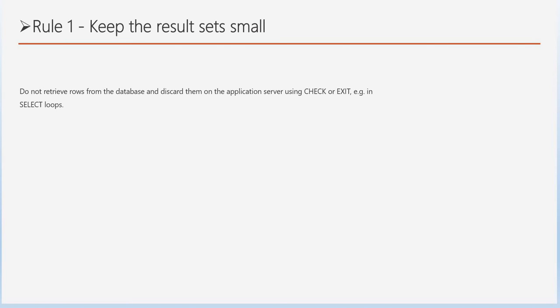You should select the data you need from the database, then use it on the application server. Next, make sure that you use the where clause as specific as possible, because using the where clause you can select the particular data set you want.